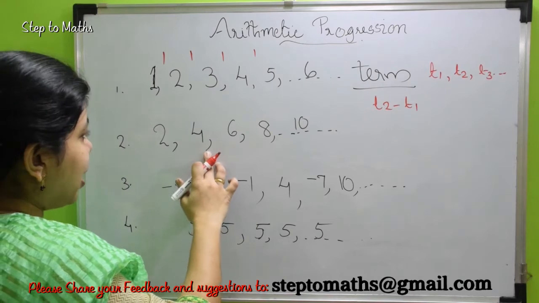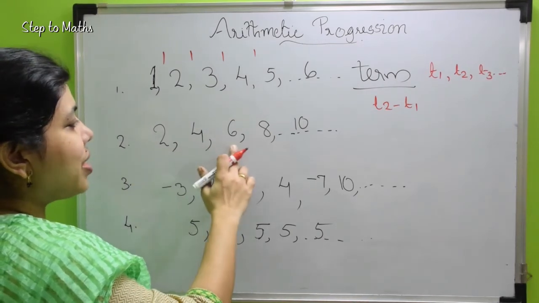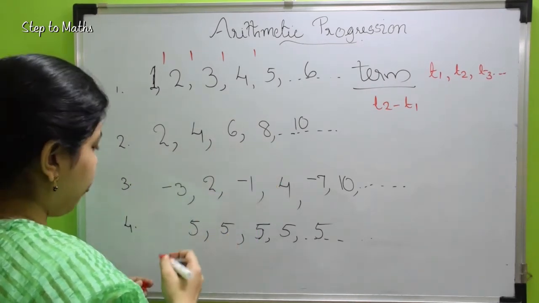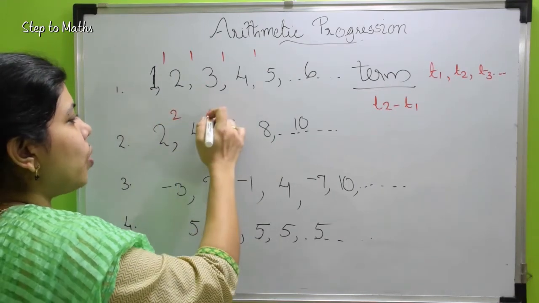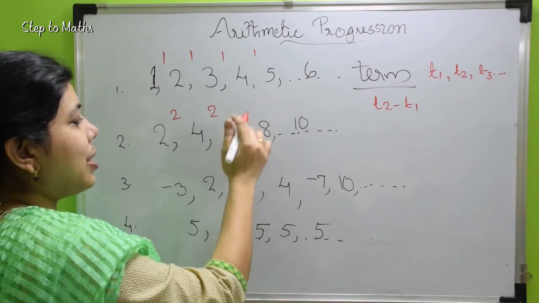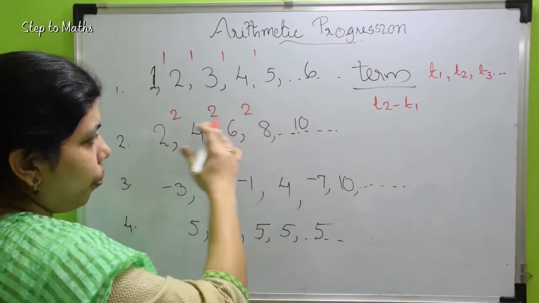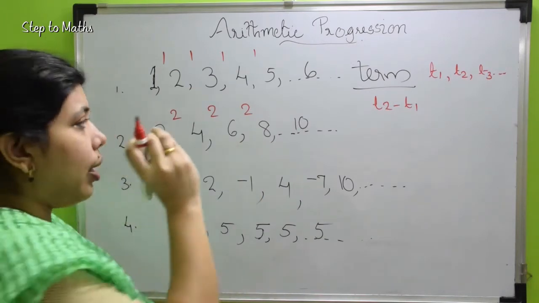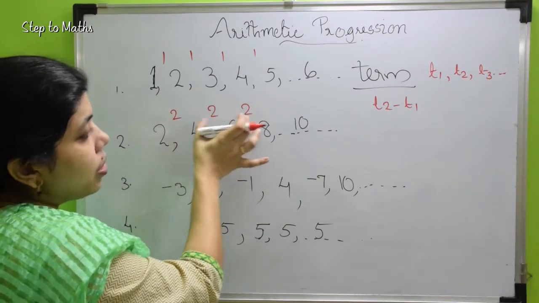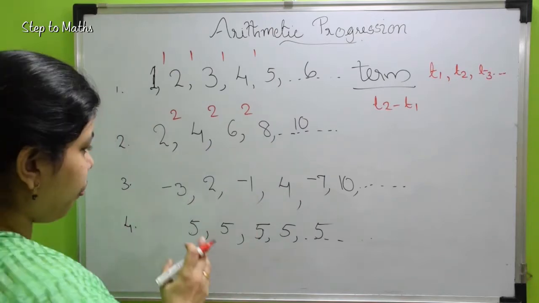Consider the second sequence 2, 4, 6, 8. 4 minus 2 is 2, 6 minus 4 is 2, 8 minus 6 is also 2. Here also the difference between two consecutive terms is constant.